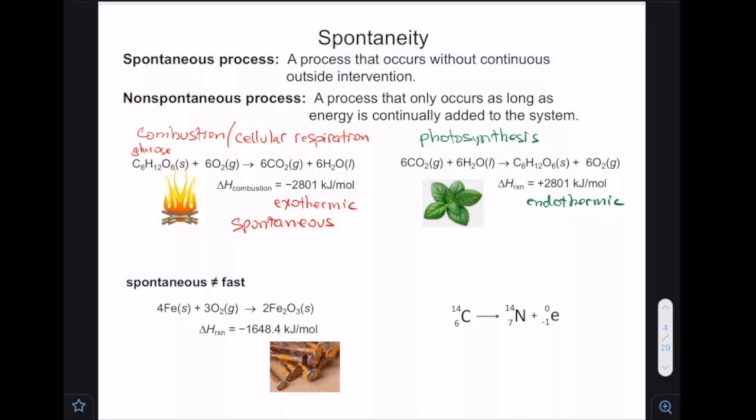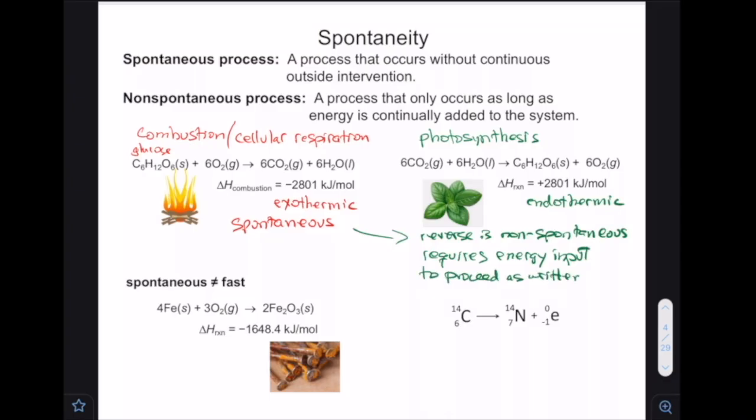So once again, this reverse reaction here is non-spontaneous, meaning that it requires input of energy to proceed as written. And indeed, this reaction will not occur unless you have the energy provided that comes from the sunlight.